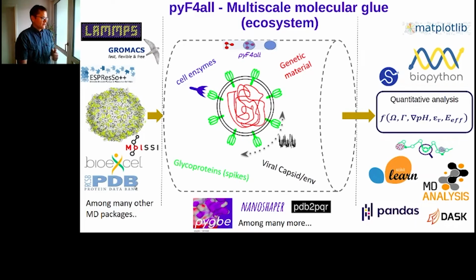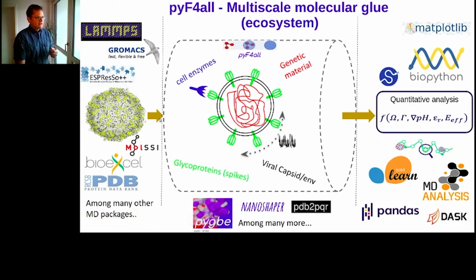And we have, of course, as well the Protein Data Bank, which tackles this, which has already many thousands of different structures of biomolecular ensembles, and many other packages like QMD and so on.